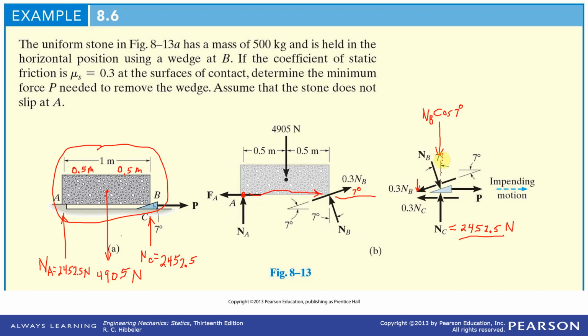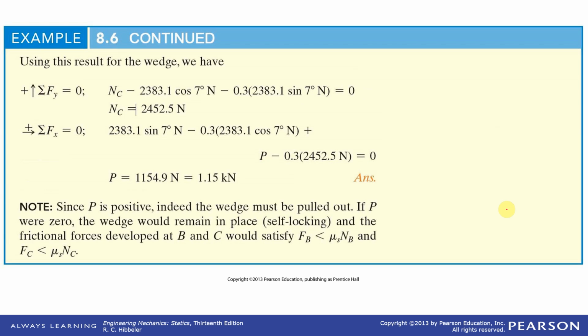Those are the only three forces giving us a vertical component. So let's see what the equation says. NC acting up. This would be NB cosine 7 degrees acting down, and this would be the friction force acting down, sine 7 degrees. So from that we can get NC.